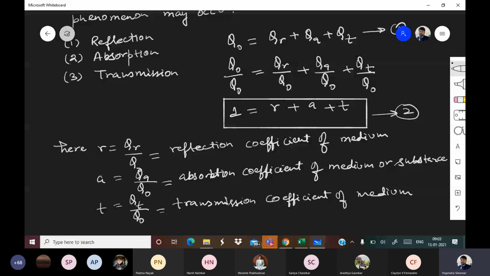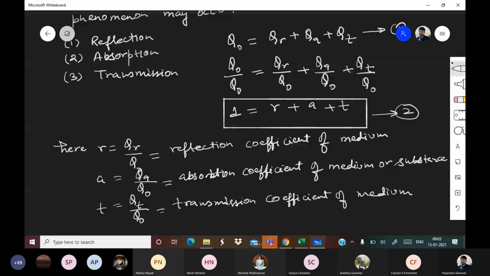The important thing, if you notice, is that the sum of the reflection coefficient plus the absorption coefficient plus the transmission coefficient is always 1. So this is important. You can write it as a star point.